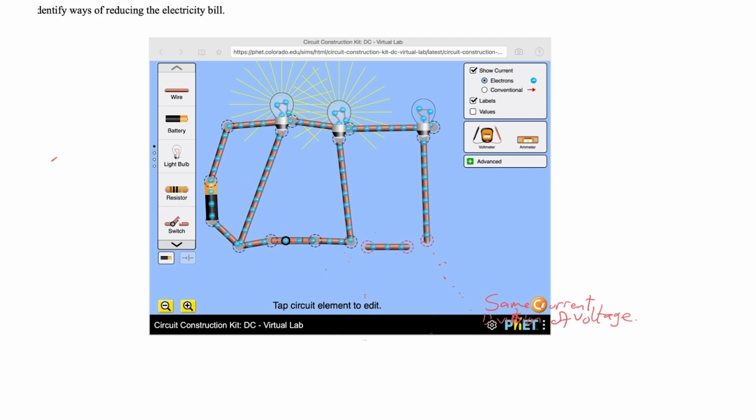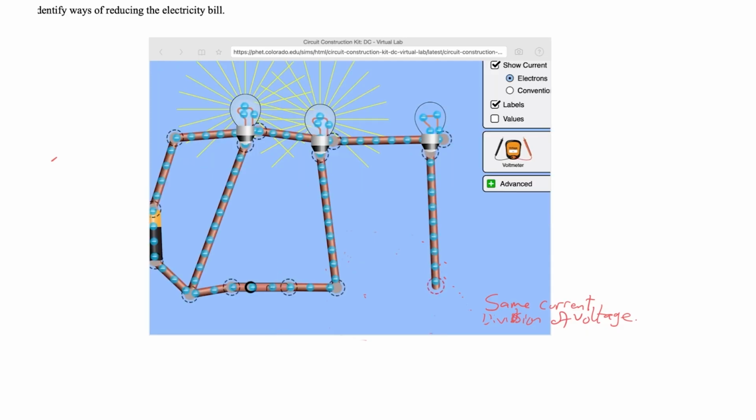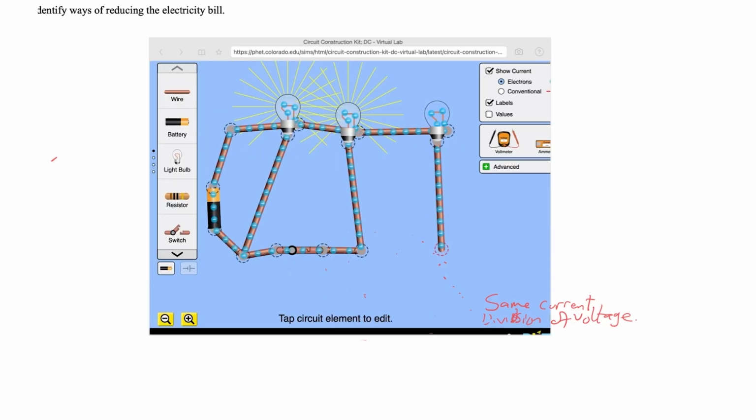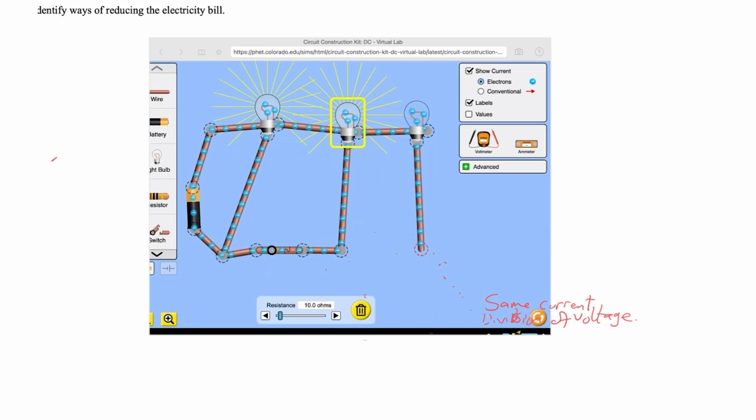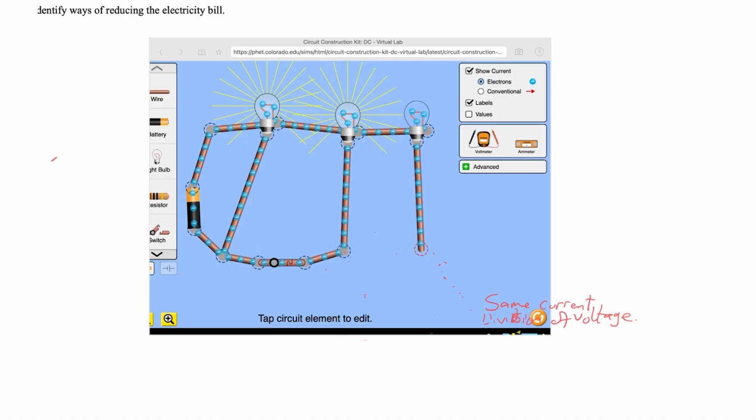When I removed this wire, yes, I saw that this last bulb did not stop others from lighting. So that is the parallel arrangement of these electrical components.